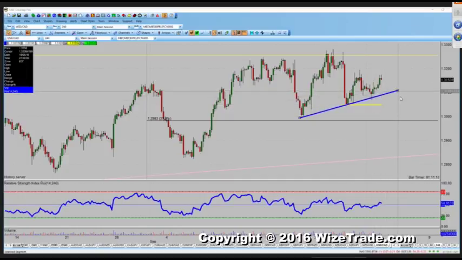Since the dollar's well bid against the pound and the euro and the Swissy and the yen, I have a hard time shorting the Canadian right now. I don't know if that's necessarily the right thing to do, but I also don't know if I want to go long with crude oil as strong as it is.